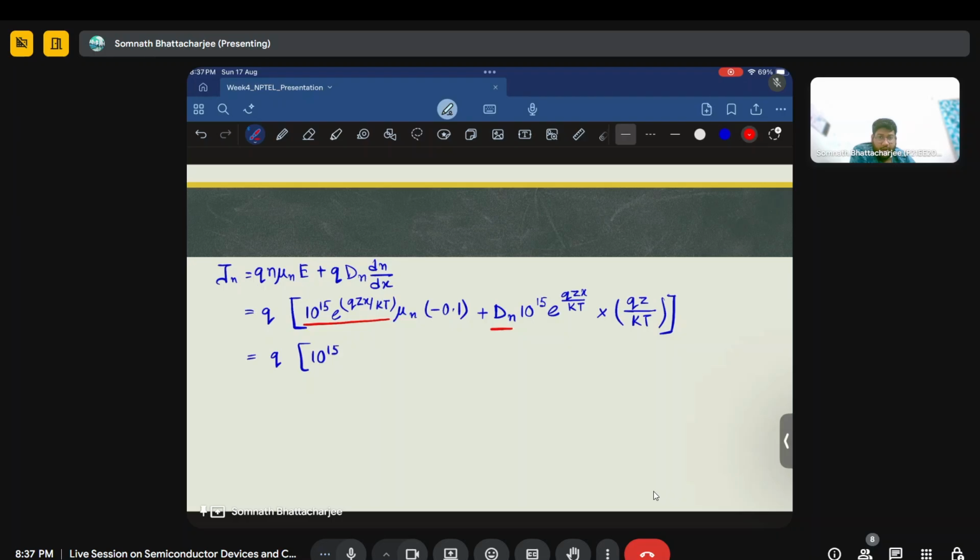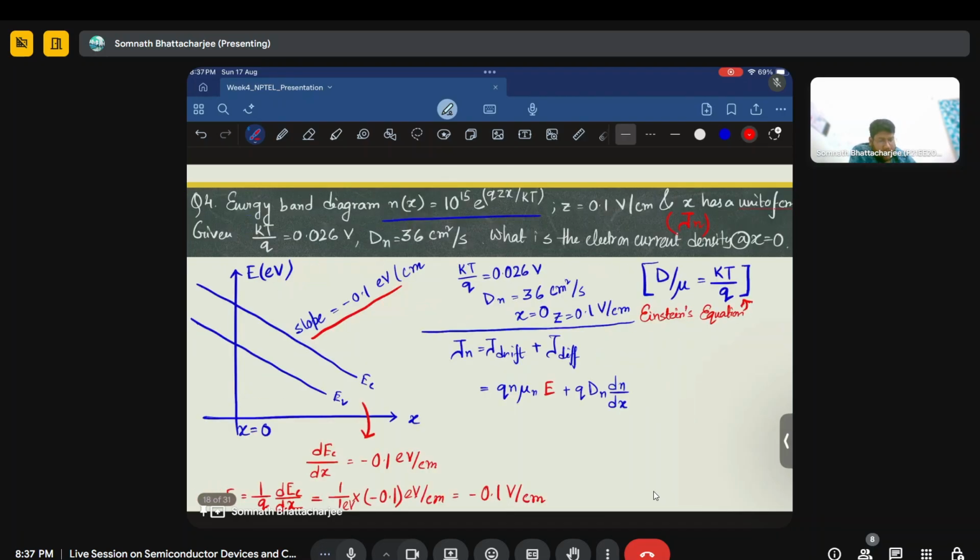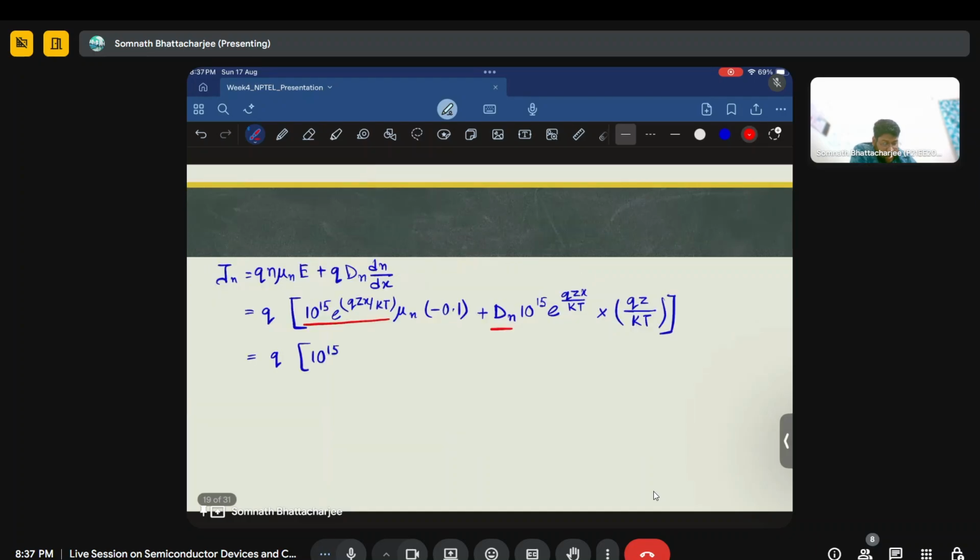I'm just keeping it because you will get to know eventually. This is just the value of n(x), and this is the differentiation part of that, qz by kT, and x was anyway there, and 10 to the power 15 was a constant number. So we have got this value, right?